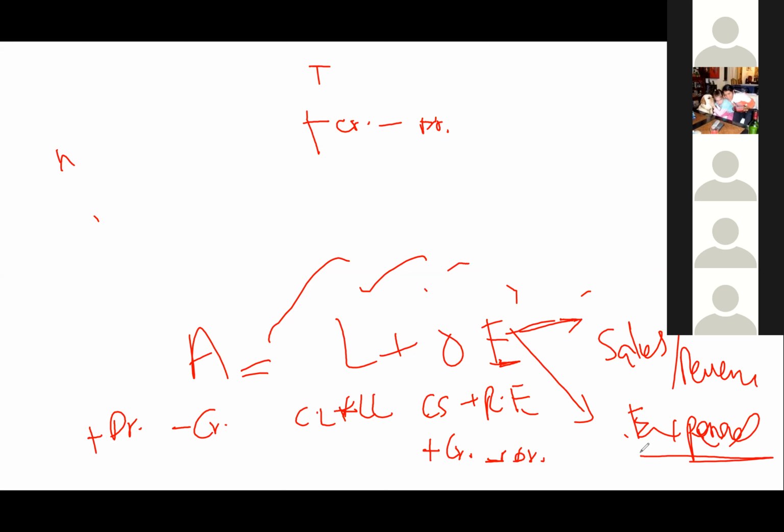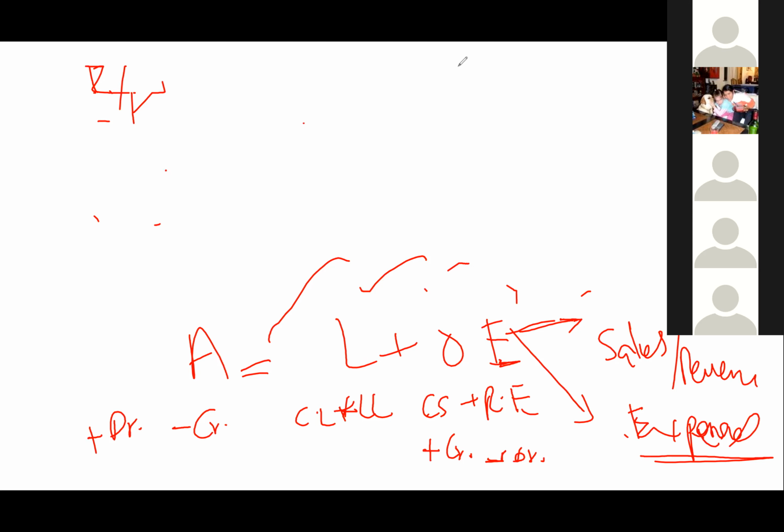So there is one exception, that is expense, because when expense increases, it decreases the owner's equity. The relationship between expenses and owner's equity.